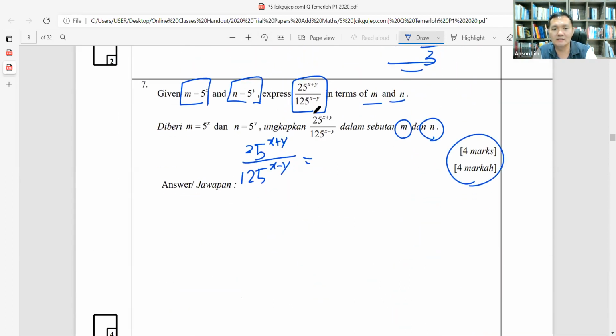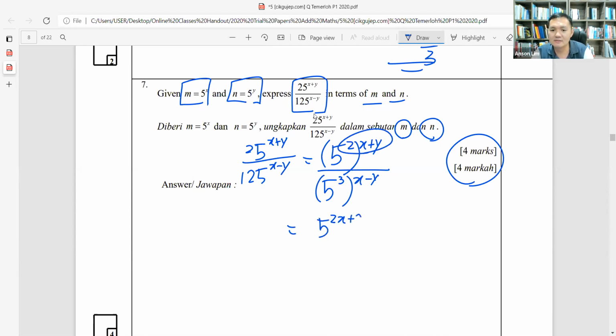Your friend: 25 is 5 squared, right? Why did I change to 5 squared? Because I saw 5 power X, 5 power Y. Maybe it can help to change to base 5 first. 125 is 5 power of 3. And you have to make sure you open bracket. Why?